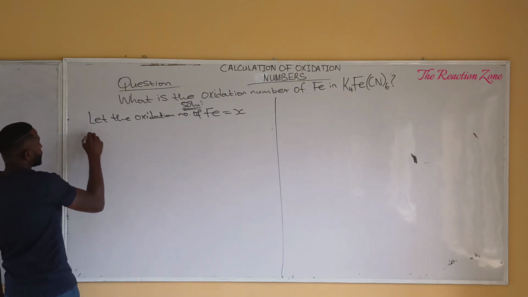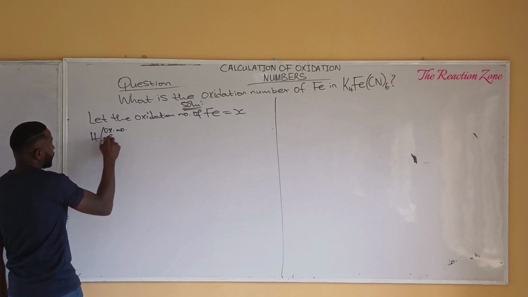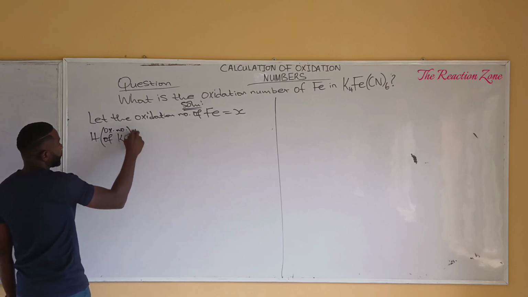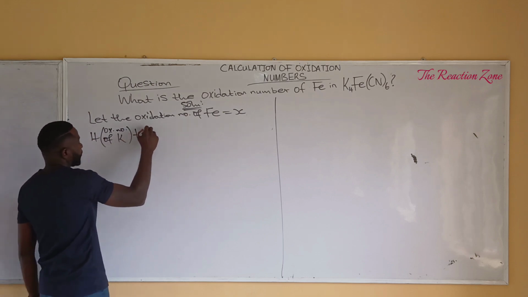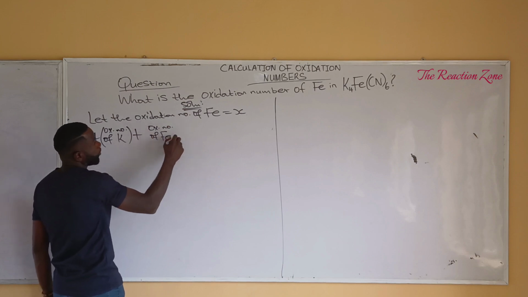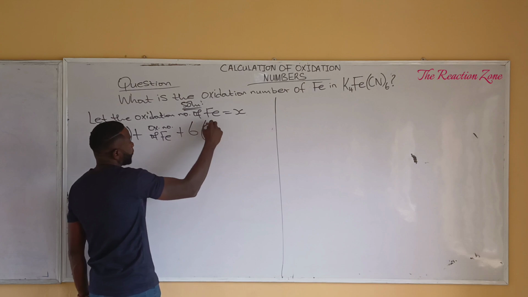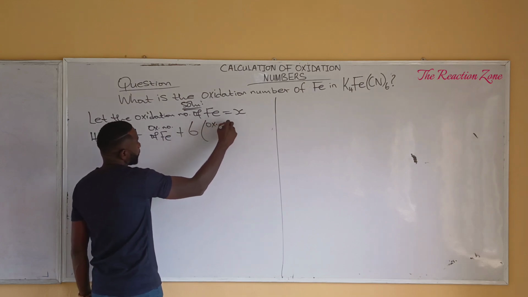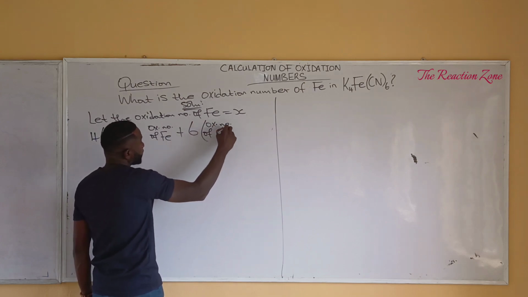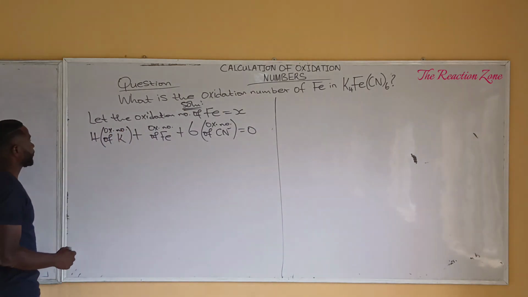So this means that 4 multiplied by the oxidation number of potassium plus the oxidation number of iron plus 6 multiplied by the oxidation number of cyanide, everything will be equal to 0.